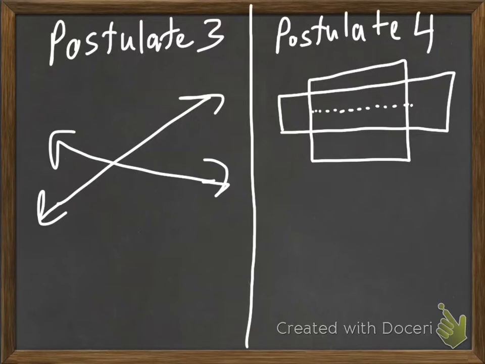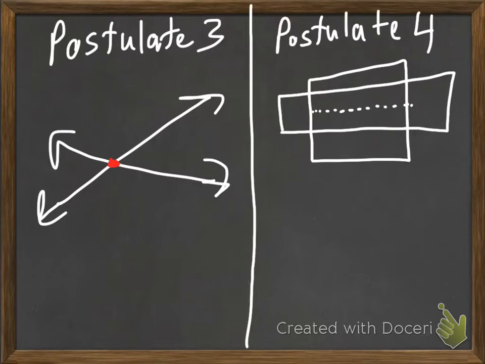Okay, so what I hope you came up with is seeing that there are two lines, but what do these two lines do? They intersect, and where do they intersect? Right here. What this postulate says is that if two lines intersect, then their intersection is a point.